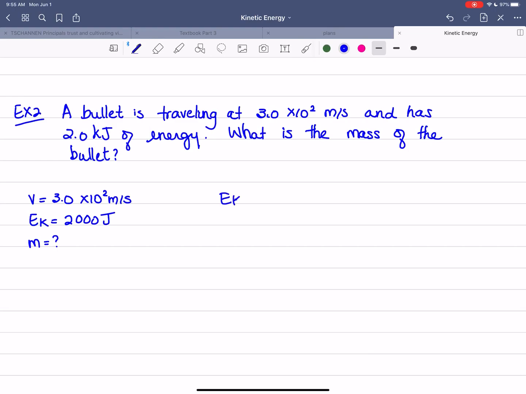So EK equals 1/2 mv squared. So I have to get the m by itself. That means I'm going to divide by 1/2, so that cancels. I have to divide by v squared, so that cancels. And then whatever I do to one side, I have to do to the other. So therefore, my formula for m is EK divided by 0.5 and then divided again by v squared.